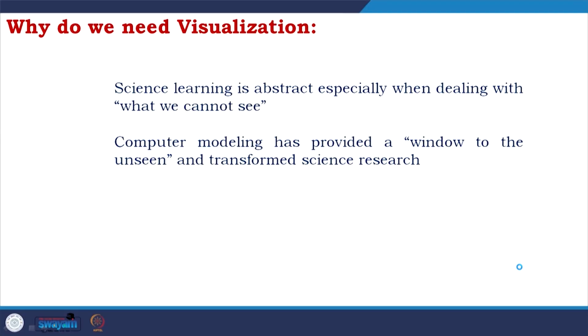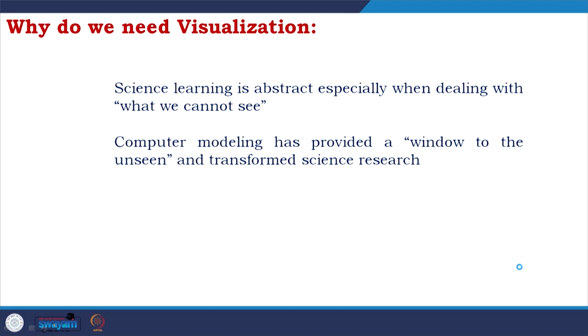If we could see that, we could image them in microscopy. If we cannot see them, we take the information and build up models. Computer modeling has provided a window to the unseen and transformed scientific research.